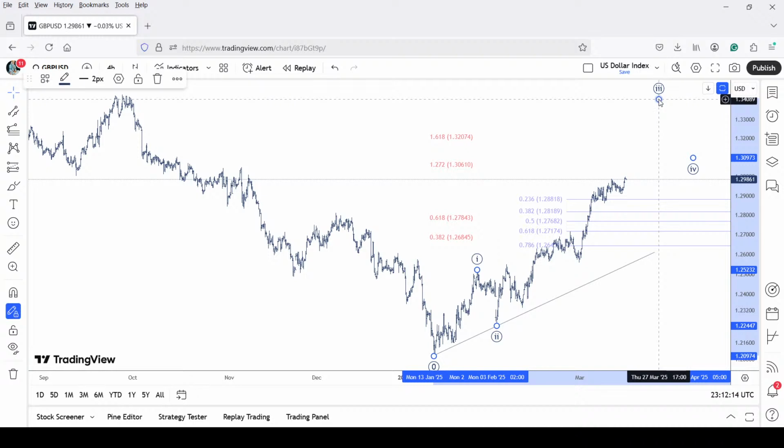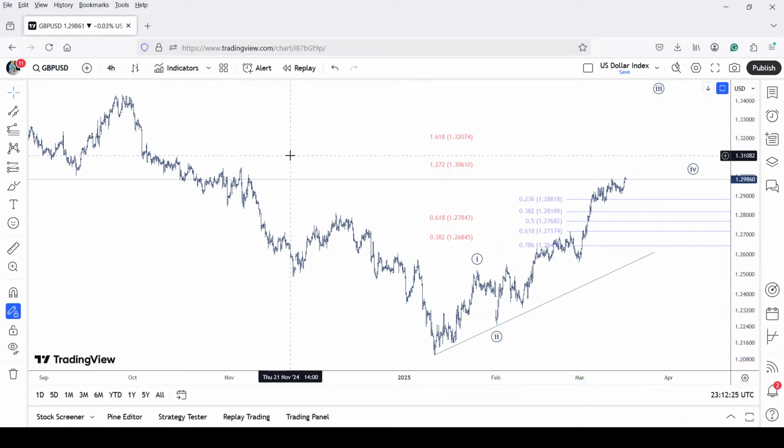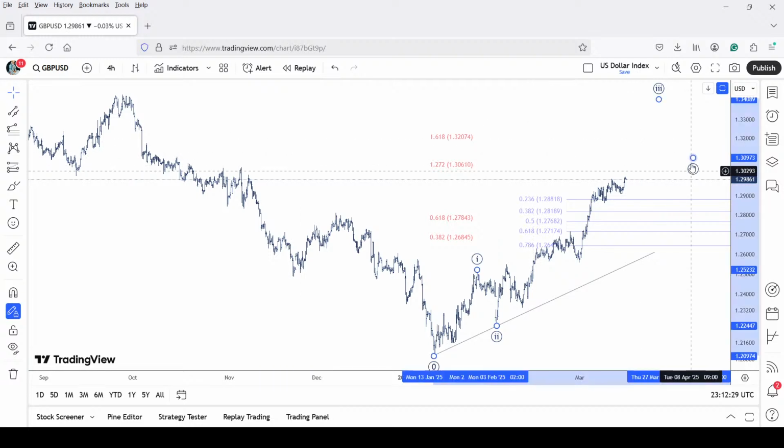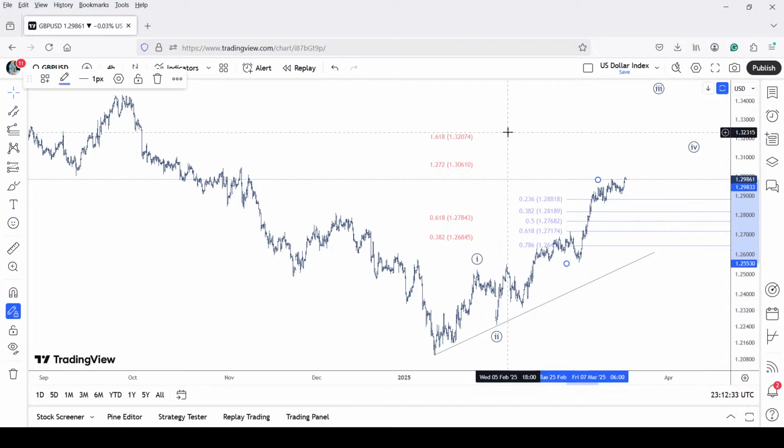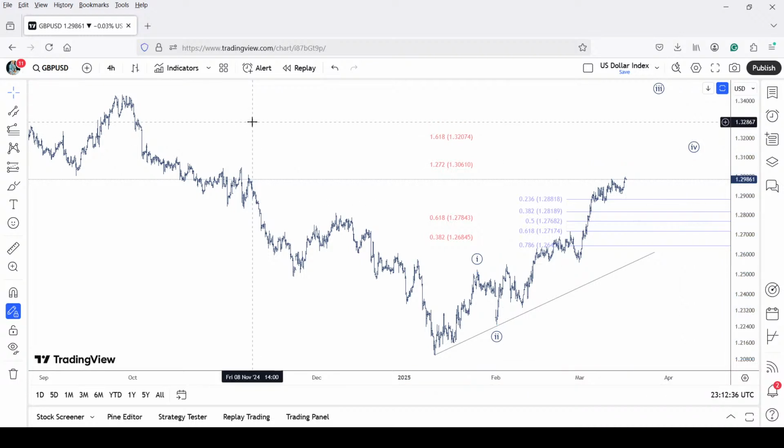I think by the time prices complete the minute wave 3 higher, we would be above 1.34 in pound, and then we'll have minute wave 4, sorry, not minute, and 5 to fetch us even higher levels above 1.34.